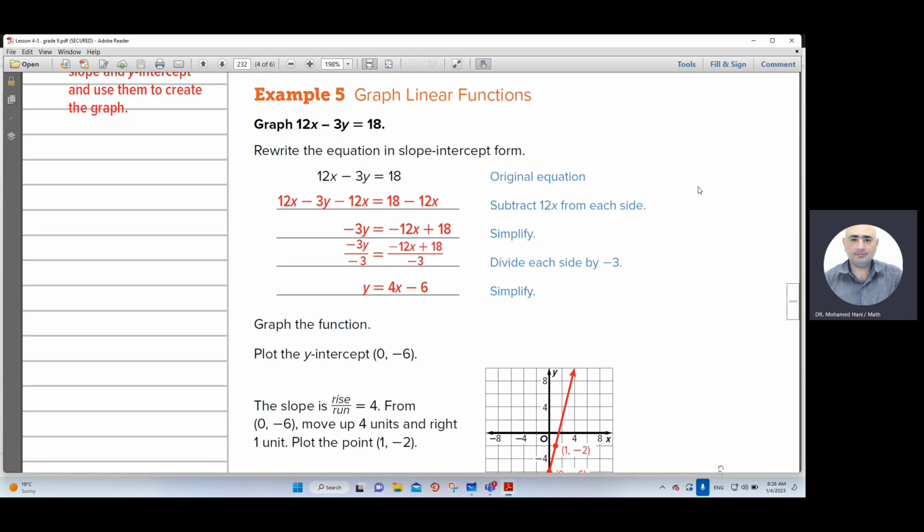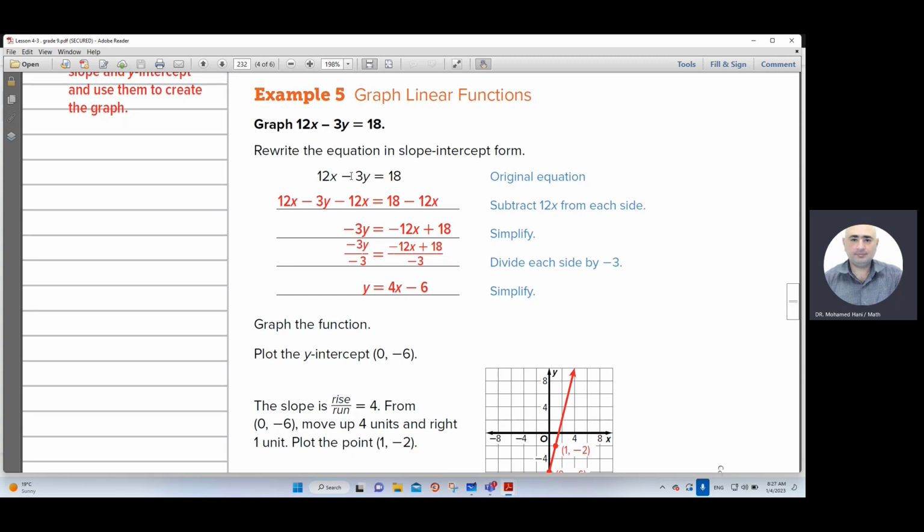Listen to this example, please. Graph 12x minus 3y equal 18. We have here the equation of a linear, but this is in standard form. This is not in the slope-intercept form. So the first idea, we want to change this equation to the slope-intercept, like y equal mx plus b.